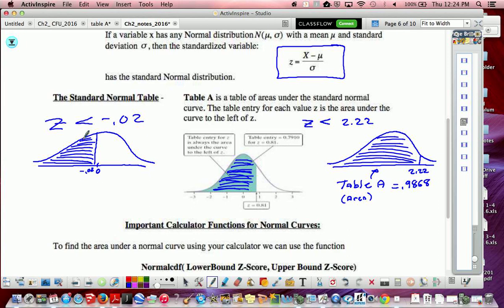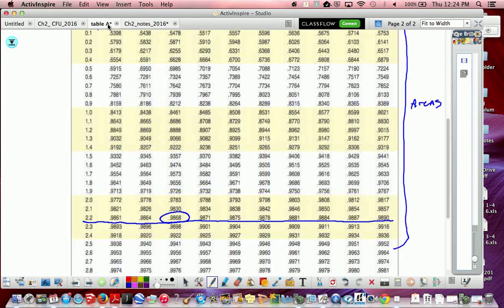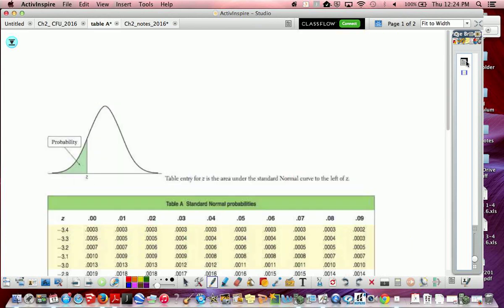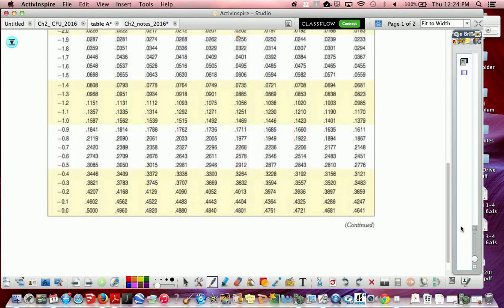To find that area, I go back to table A, but since the z-score is negative, I'm on the negative side. The negative is there because you can have negative 0.01, negative 0.02, negative 0.03, negative 0.04. So I'm looking at negative 0.02, and I'm looking at an area of 0.4920.